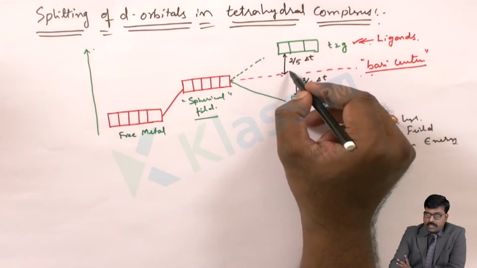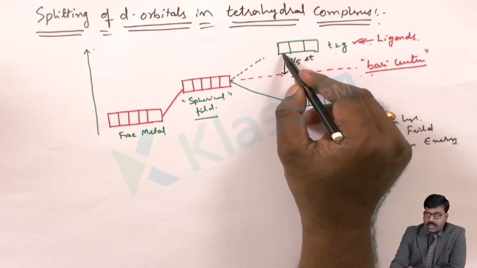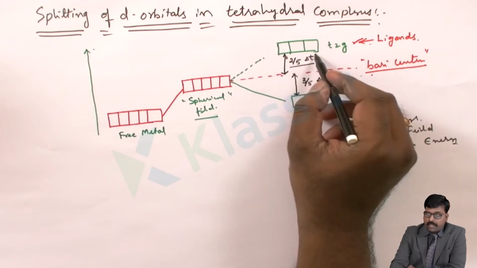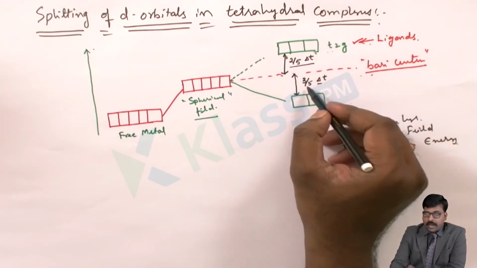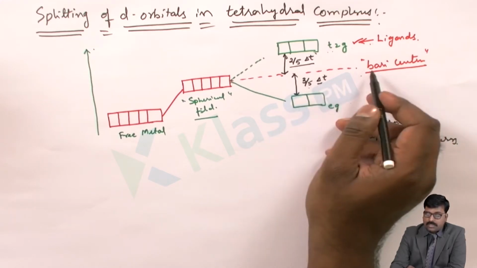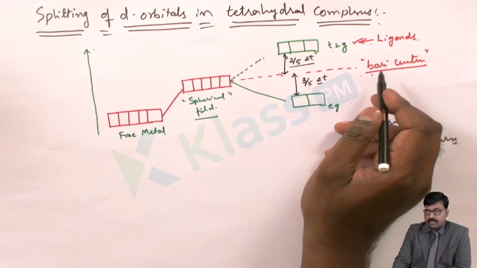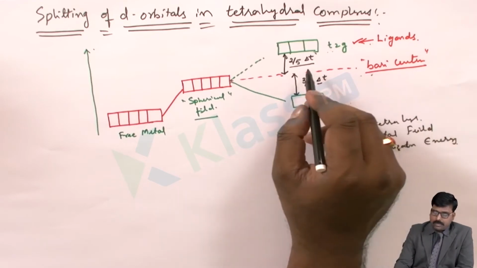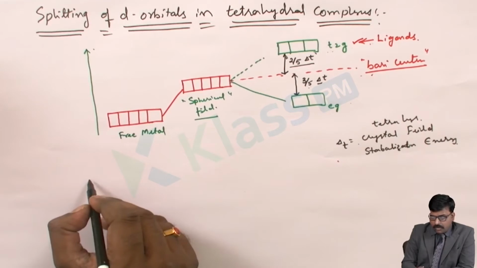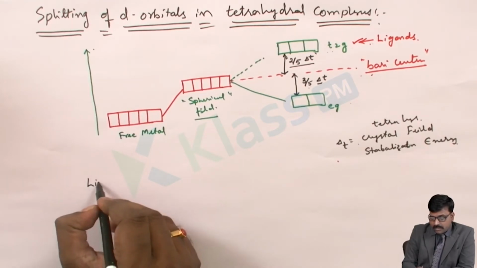Because we have 5 orbitals, 2 by 5 of the delta T will be increased for the T2G, and 3 by 5 of the delta T will be decreased downwards from the barycenter. So this splitting of orbitals purely depends on how the ligand is.